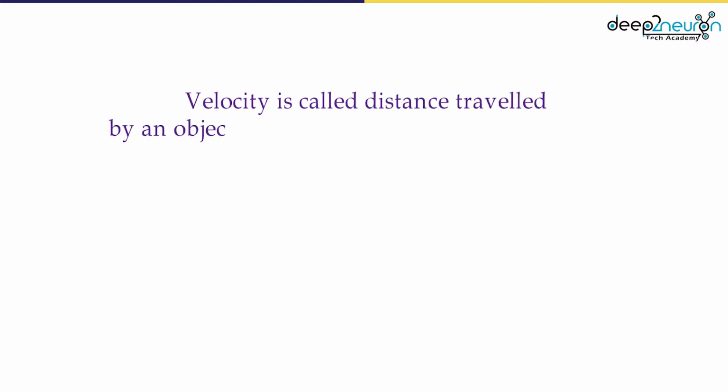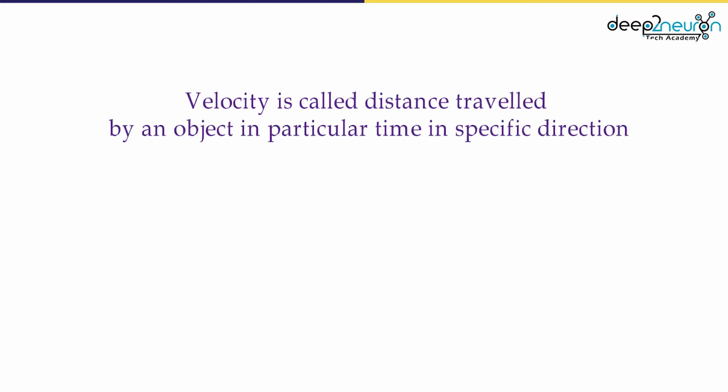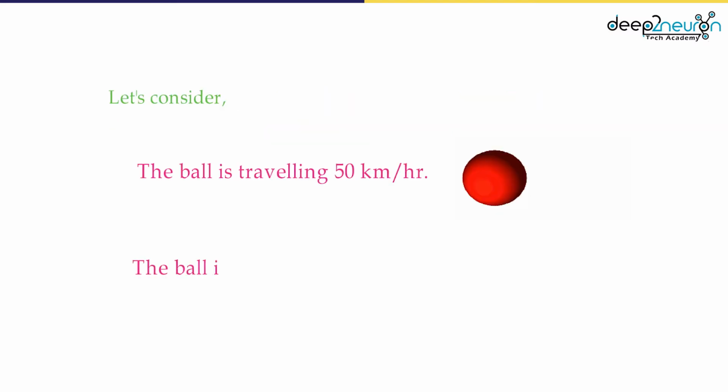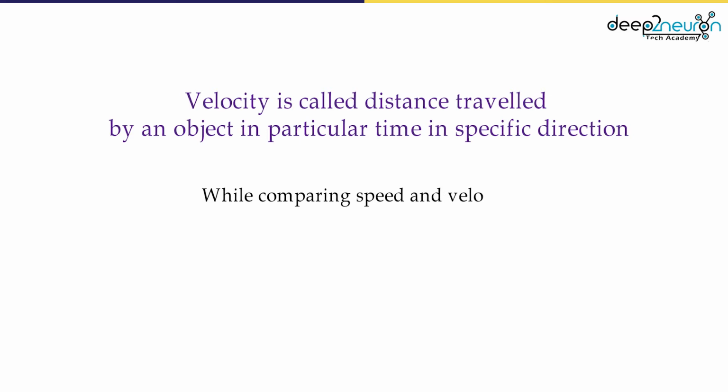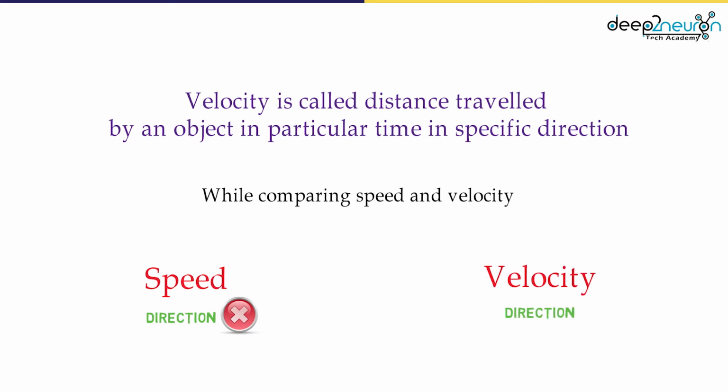Velocity is the distance travelled by an object in a particular time in a specific direction. Now, we can say that the ball is travelling 50 km per hour towards the glass. While comparing speed and velocity, speed will not give us the direction of the ball, but velocity can give the direction of the ball. That's why we are using velocity here.